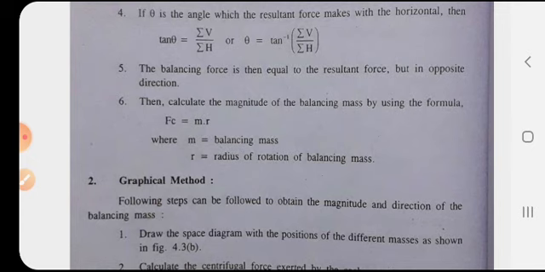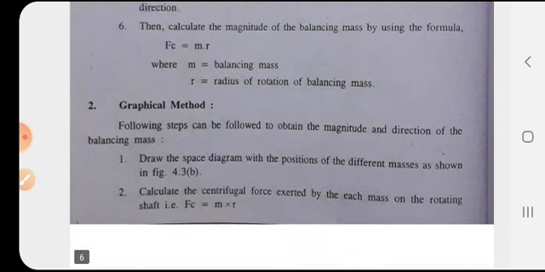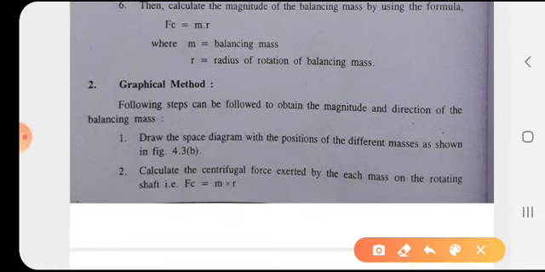Now we calculate the same balancing of several masses rotating in the same plane with the help of the graphical method. There are certain steps to find the magnitude and direction of the balancing mass graphically. You can observe the diagram.